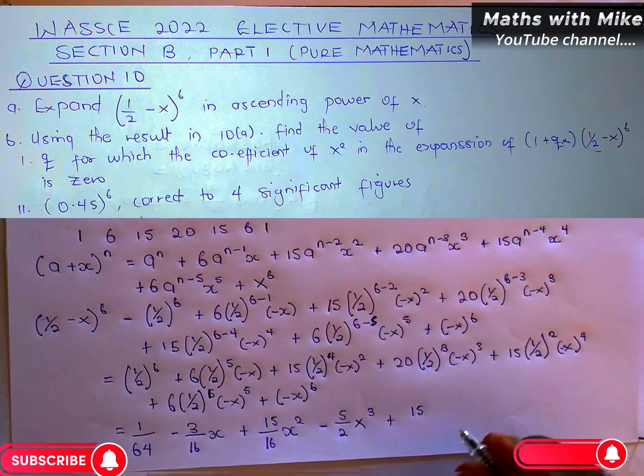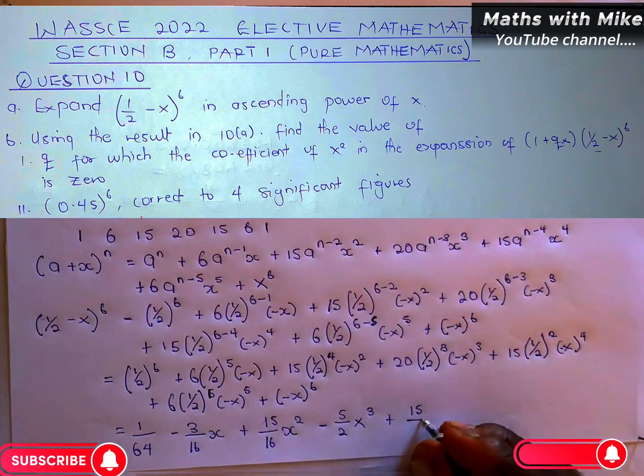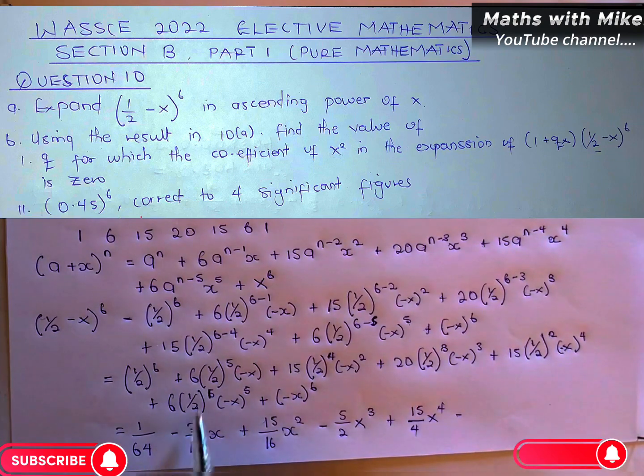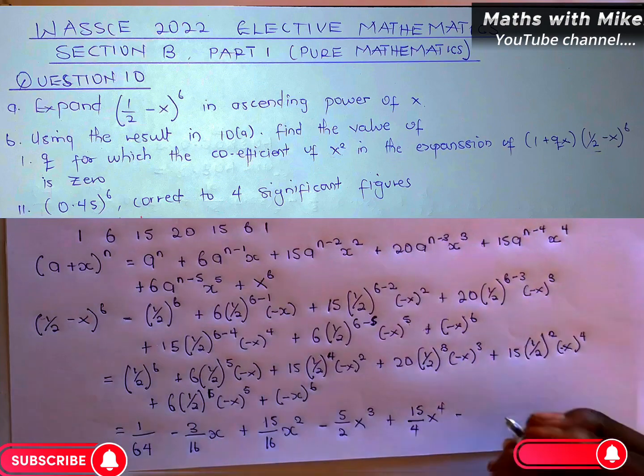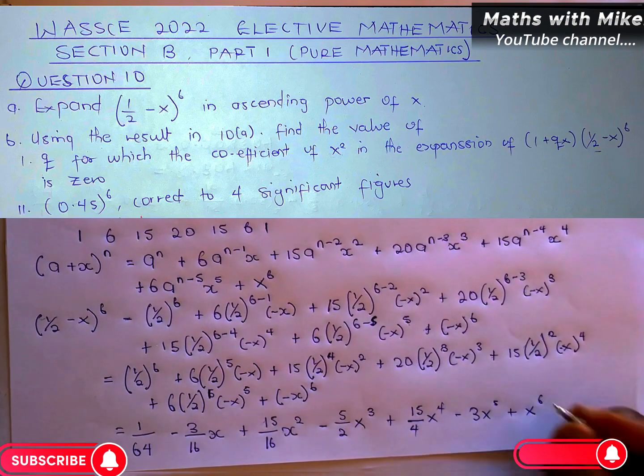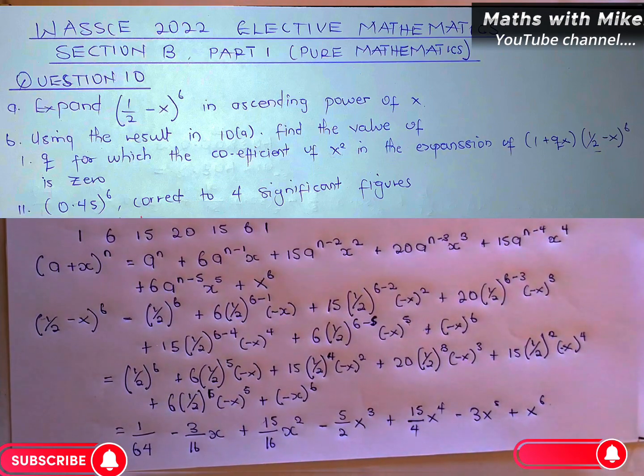So we get plus 15 over 4 x exponent 4, minus, half of 6 is 3, so minus 3x exponent 5, plus x exponent 6. So if we expand 1 over 2 minus x exponent 6 in ascending power of x, this is what we get. And this answers the A part of the question.